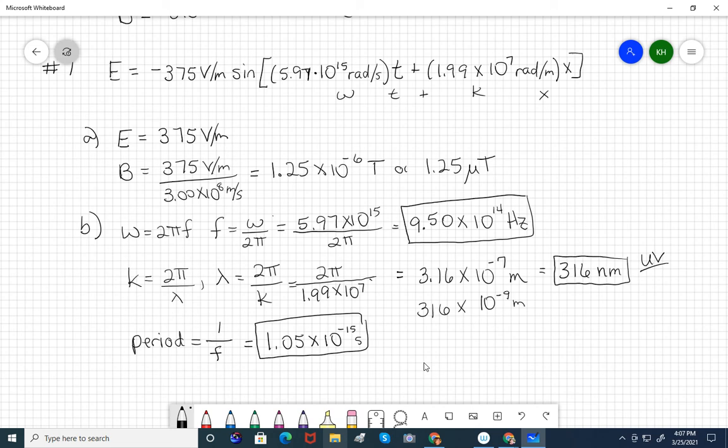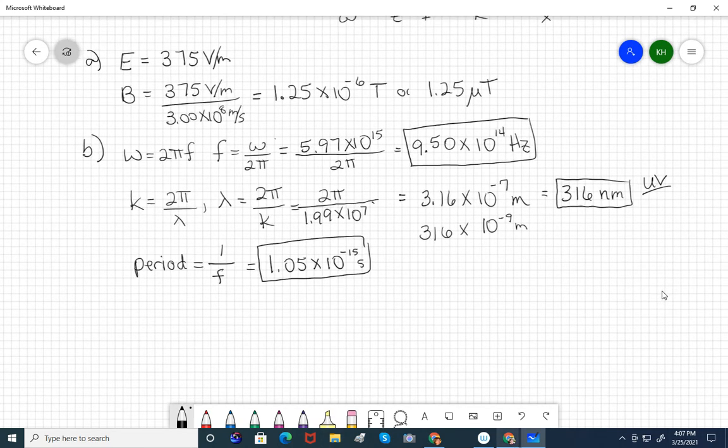And then the last question says, what is the speed of the wave? Well, it's an electromagnetic wave. So its speed better be, this is what I hope I'm going to get. But we said, you know, you can check it. It should be the ratio of omega over k. And those were the two numbers they gave us.